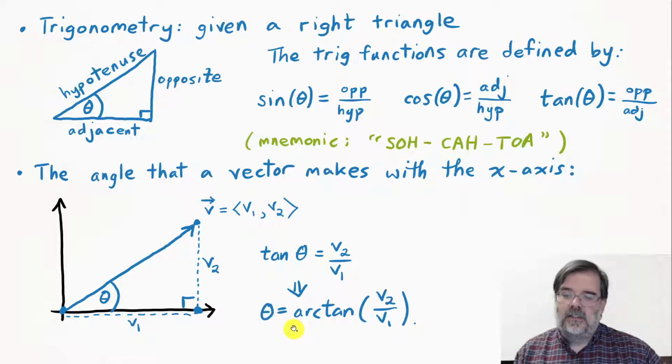So theta is arctangent of v2 over v1. And if you're using a calculator or a computer, just keep in mind that the trig functions usually use radian measure. So look out for that. All right, so that's how you can calculate the angle that a vector makes with the x-axis.